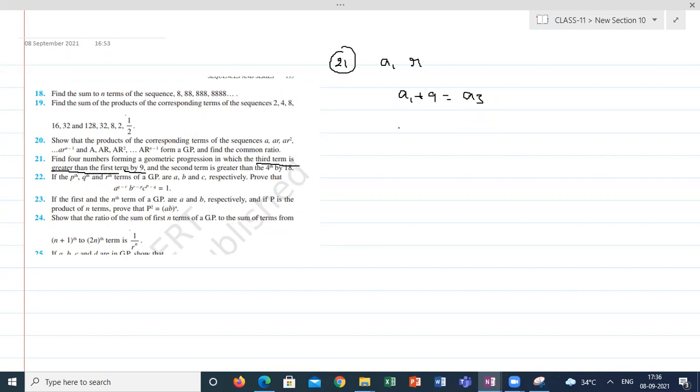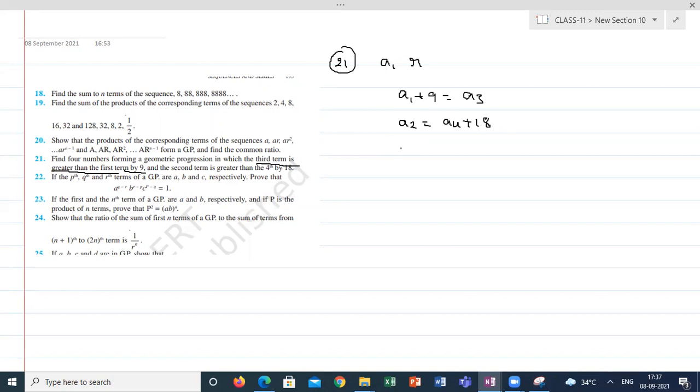The second term is greater than the fourth by 18. A2 is greater than the fourth term by 18, so A2 equals A4 plus 18. This is the relation they gave.